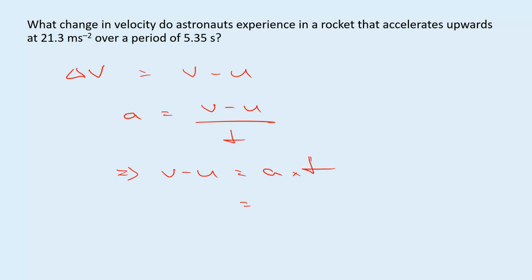So the acceleration is 21.3 meters per second squared, multiplied by the time period, 5.35 seconds. And then we reach for our calculator and we come out with an answer of 113.955. Now, we need to put units on. We're looking at change of velocity, so the units are meters per second.